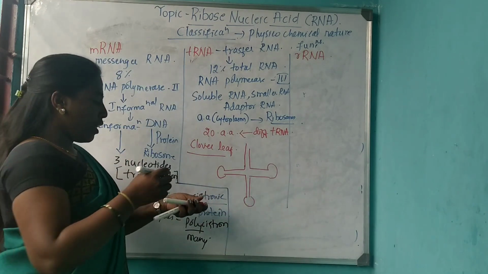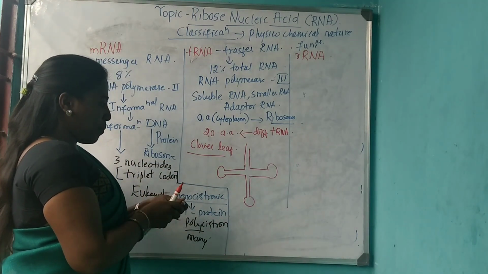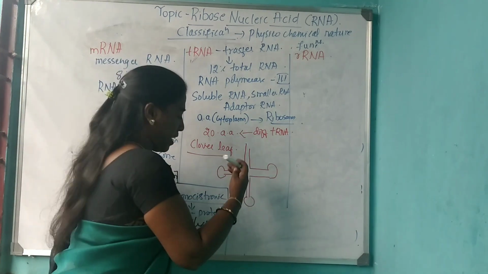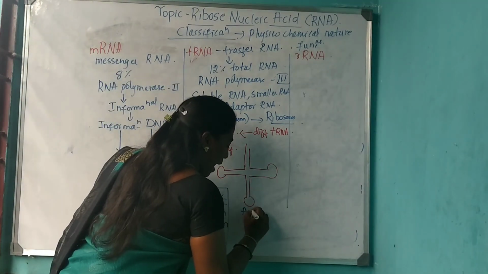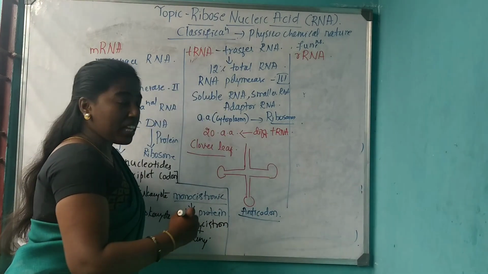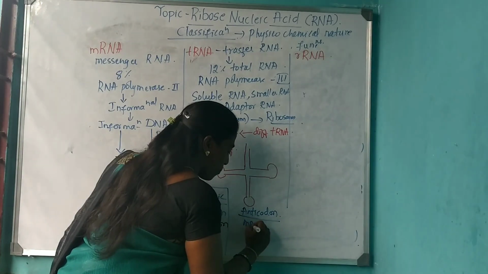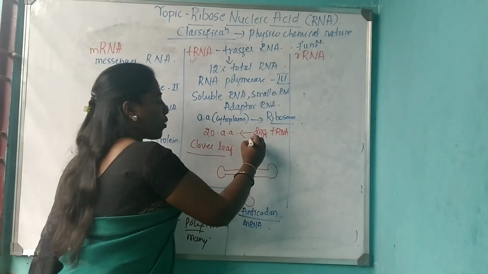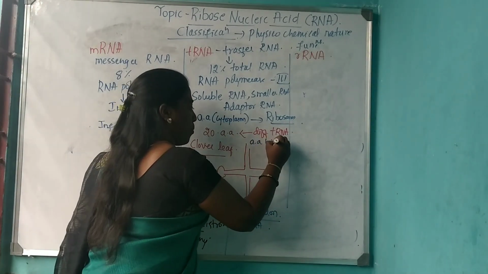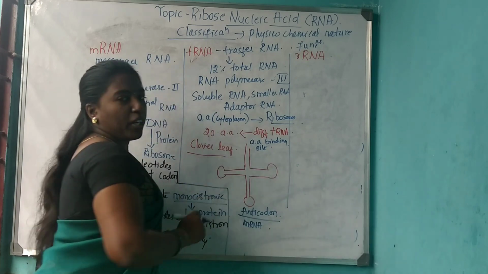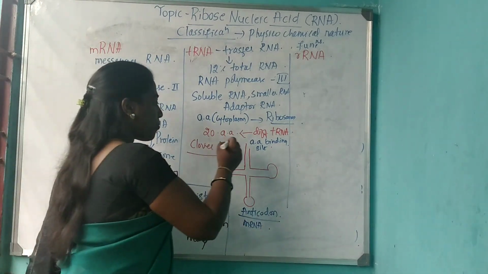The first arm is the anticodon end, where the mRNA will bind. Opposite to that is the amino acid binding site, where the amino acid binds.